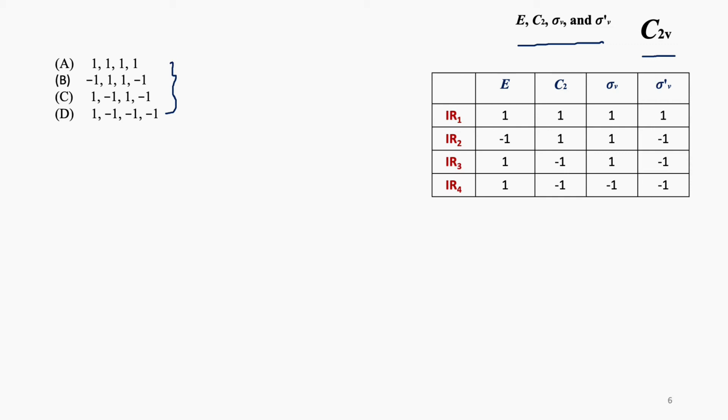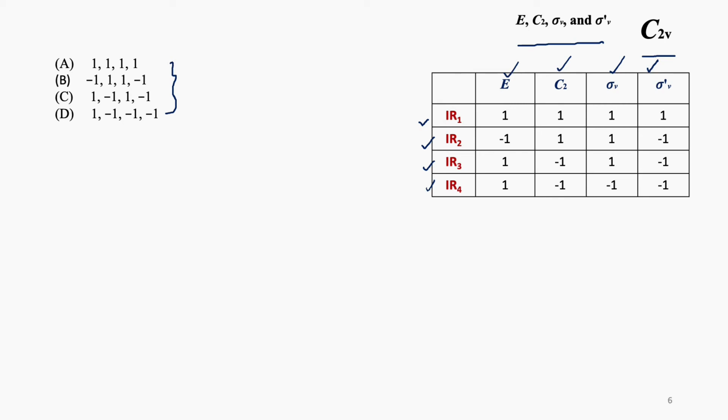Since we have 4 symmetry elements or 4 columns in this character table, we will be having 4 irreducible representations, and after putting the values given in these options, we are getting a character table like this. And let's see which set of irreducible representations are correct.